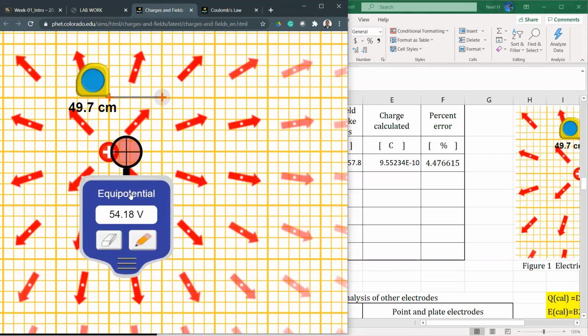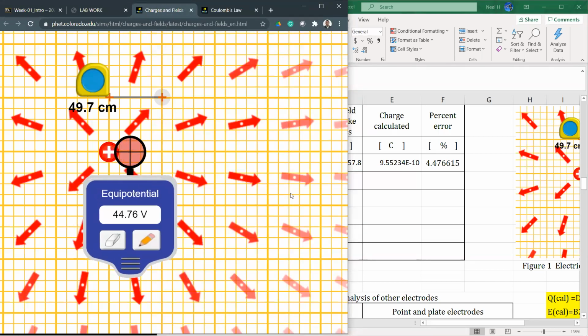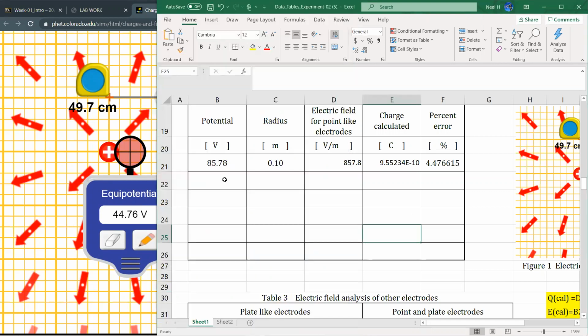Then let's move this one to 20 and repeat the same calculation. 20 is the next smaller line. That's going to be 4476. 20 means 0.2 in meters. You can click and drag all of them, and it will do the calculation.